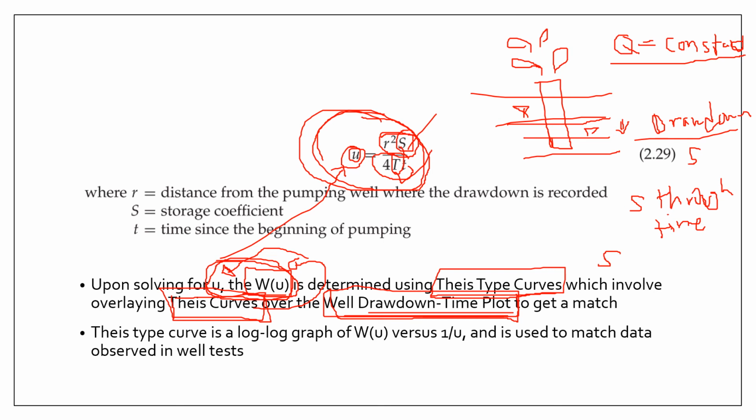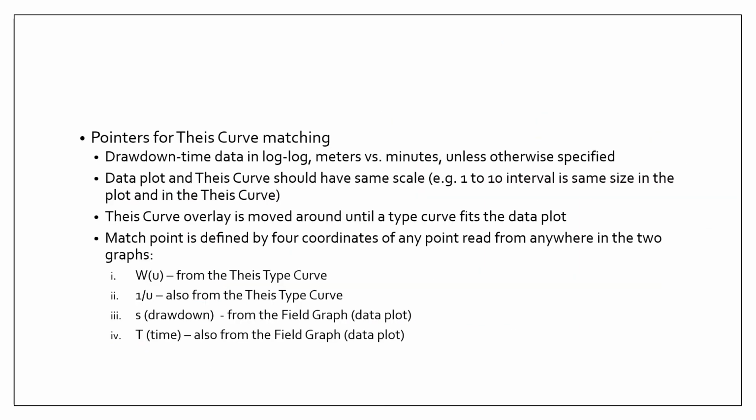Now, other notes, the Thiess type curve is a log-log graph of W versus 1 over u and is used to match the data observed in the well test data. Now, let's run through again how the Thiess equation is used. One part of doing the Thiess equation analysis is doing the Thiess curve matching. So step one is we do a drawdown versus time data.